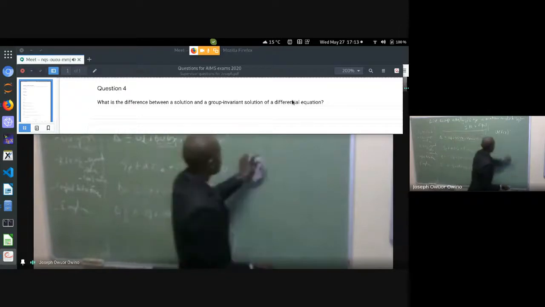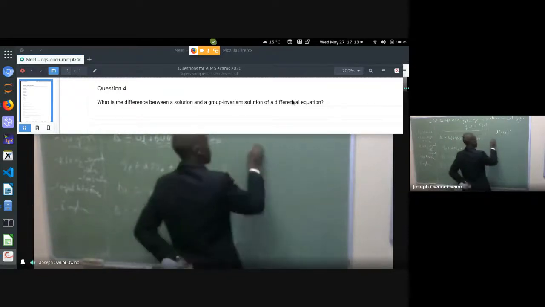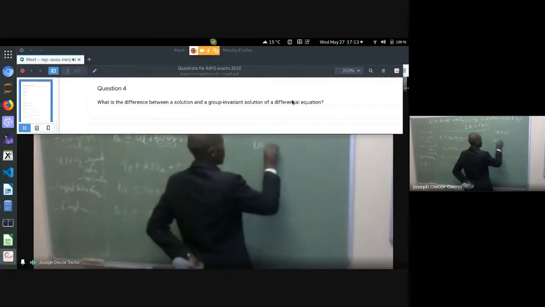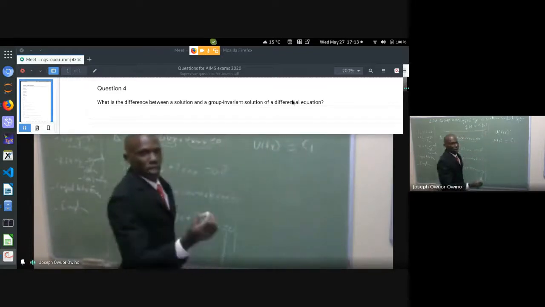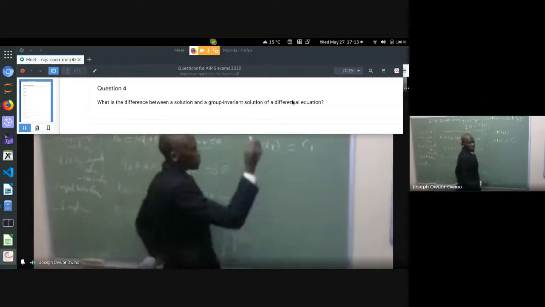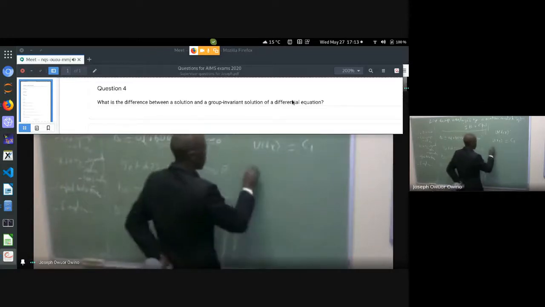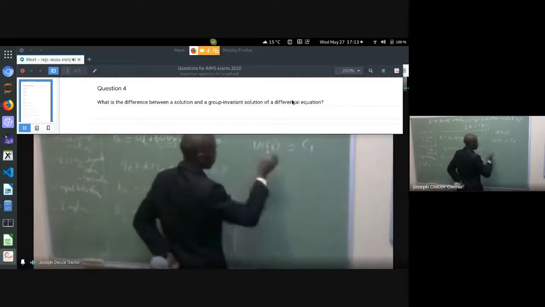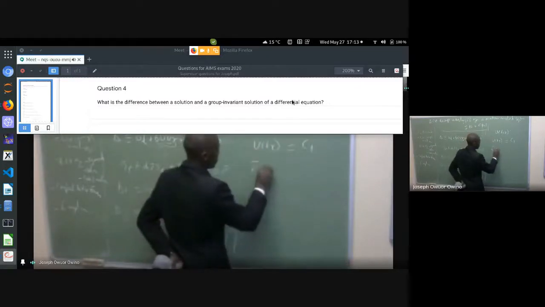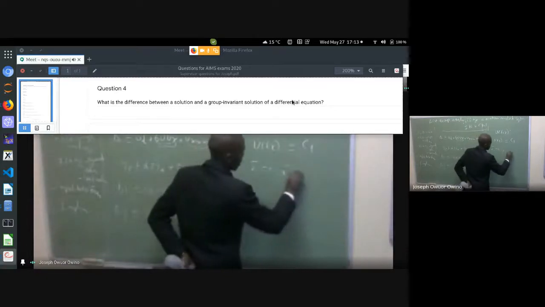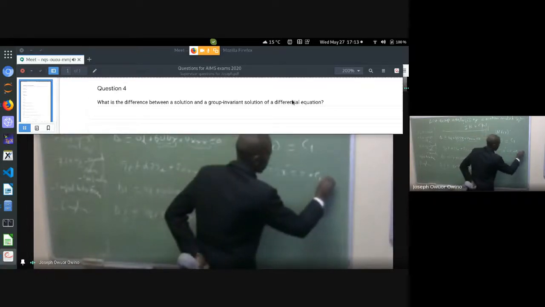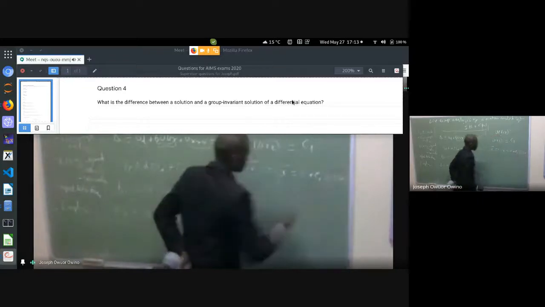So, for example, let me give an example. If I have a solution, let's say the constant solution, and I'm on the space translation invariant solution, where I'm using the space translation symmetry, where t is mapped to t, x is mapped to x plus e, and u is mapped to u.